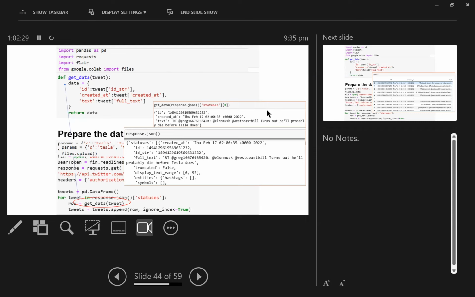Say we want to use sentiment analysis to make better predictions of stock prices, for example.